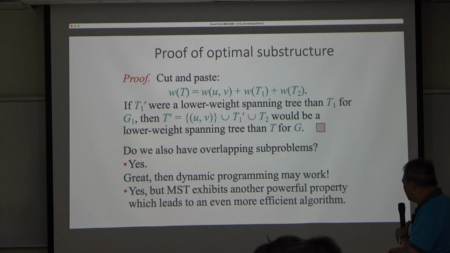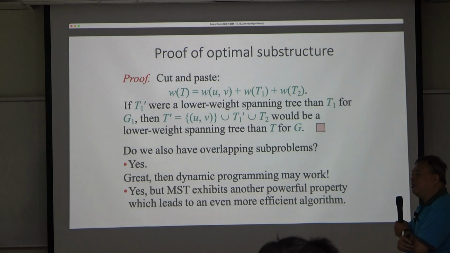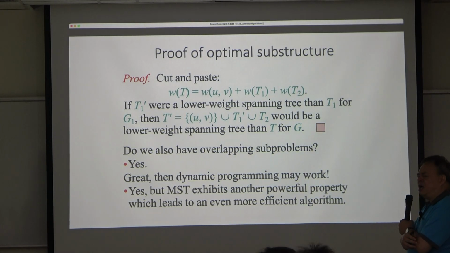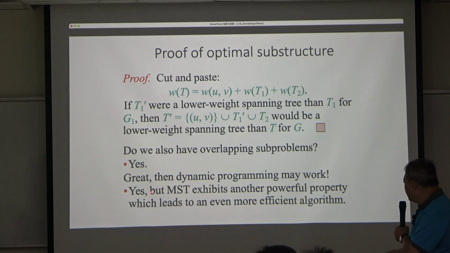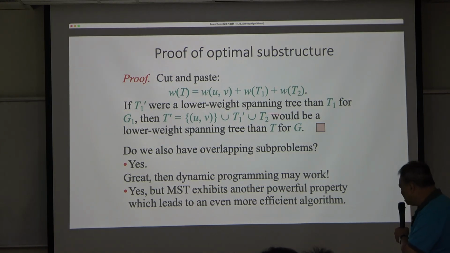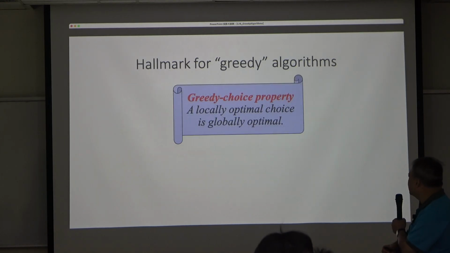This property will make it more suitable to use a greedy algorithm, which leads to an even more efficient algorithm. What is that? Which is the greedy choice property.